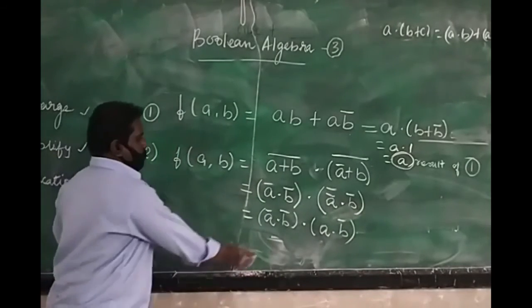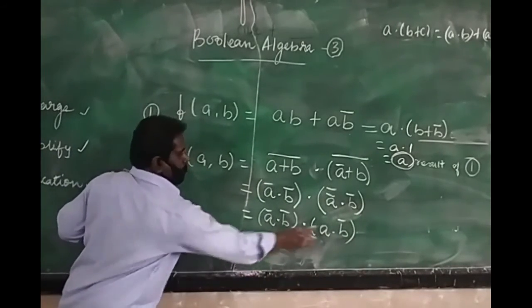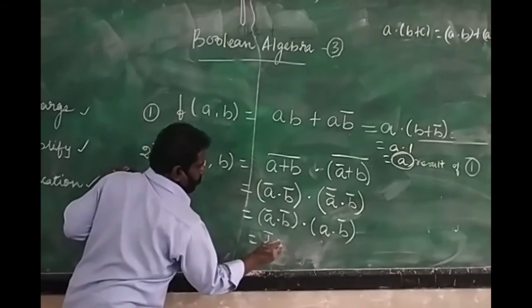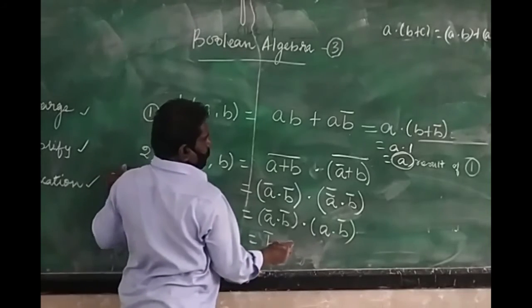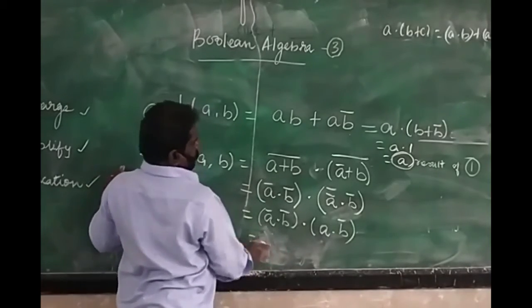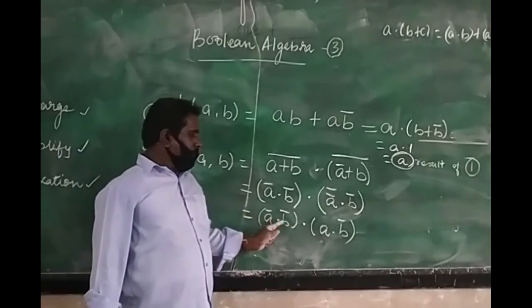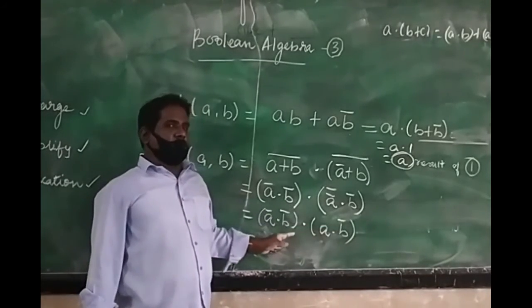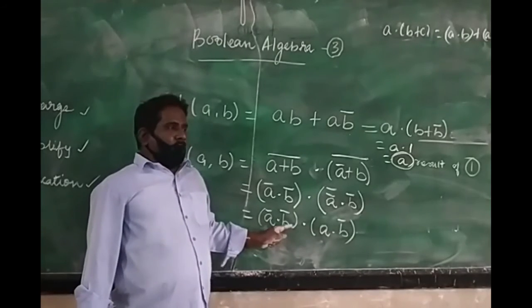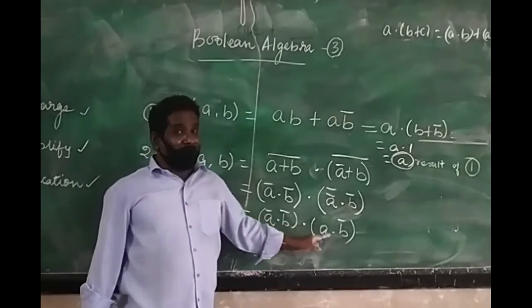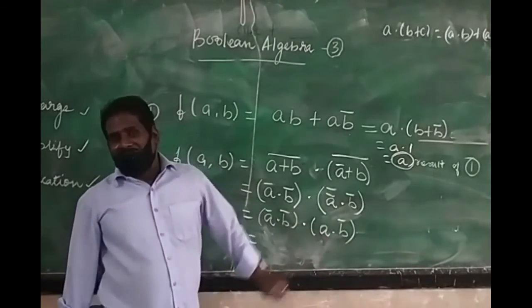So now let us take B bar. B bar is common. When you look at the terms, all operators are equal operators.